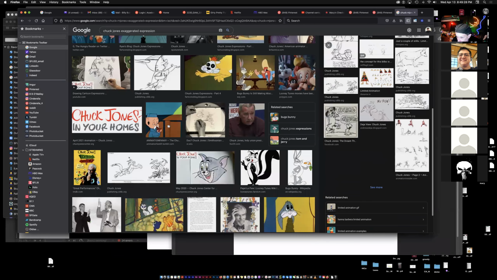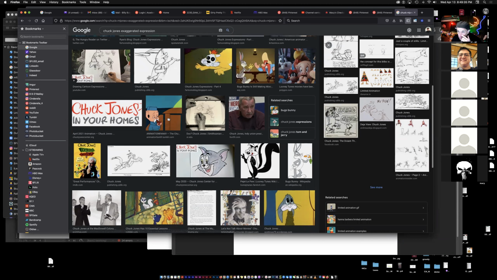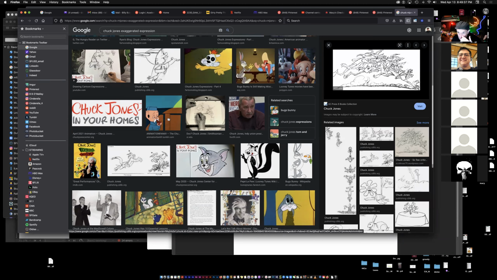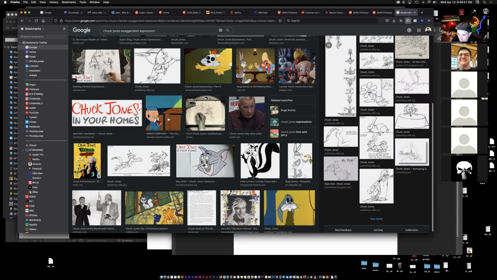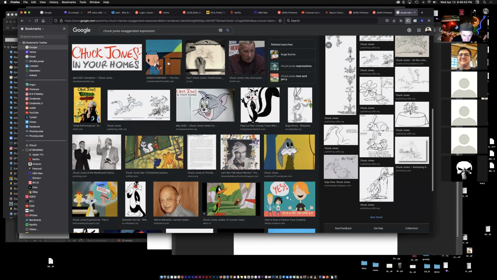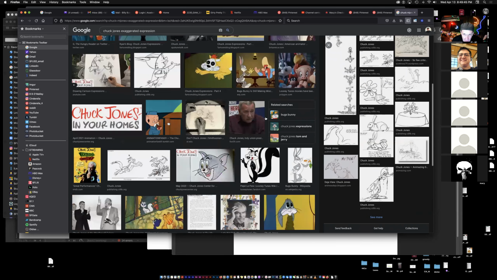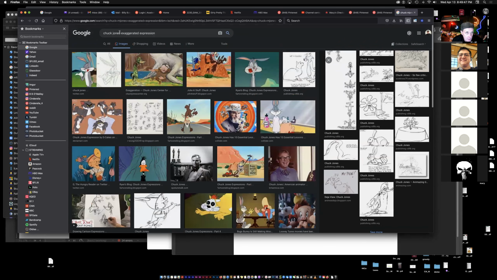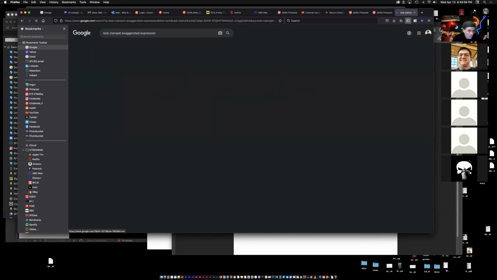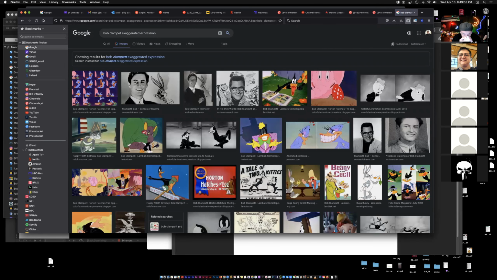It's really fun to animate this. It's amazing how much you can get away with. You can play with the lines and shapes and movement, and you can get away with almost anything. And the idea would be just to have as much fun with it as possible. Chuck Jones, Tex Avery, Bob Clampett, Ward Kimball.